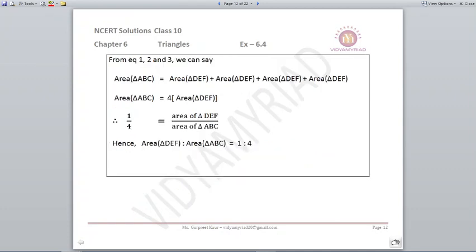So we can write DEF again, which means area of triangle ABC is equal to 4 times the area of triangle DEF. So if I want to write it in ratio form, area of triangle DEF upon area of triangle ABC will be equal to 1 upon 4. Hence the ratio is 1:4.